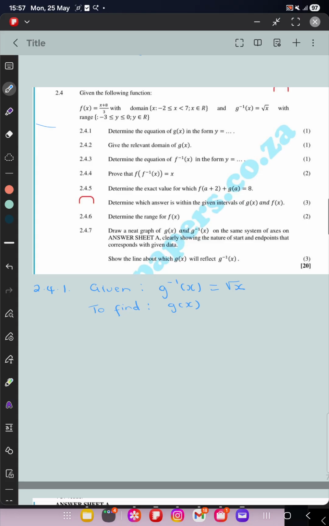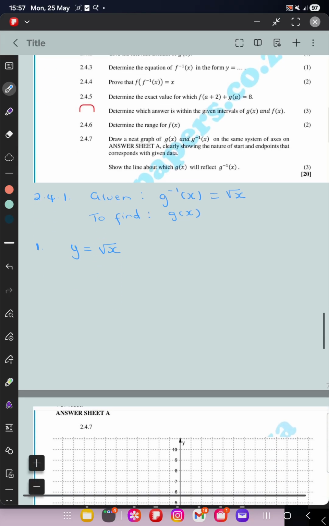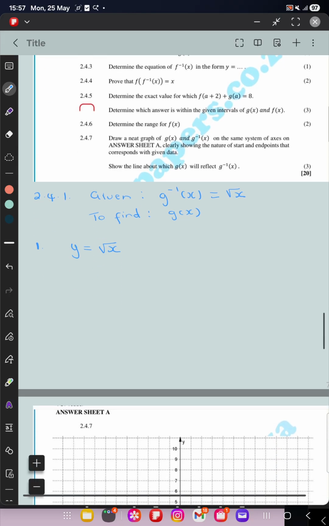All right, let's go. Number one, what am I going to do? I am going to first change this g inverse into a y. So I'm going to have y equals the root of x. And then number two, I am going to swap x and y.